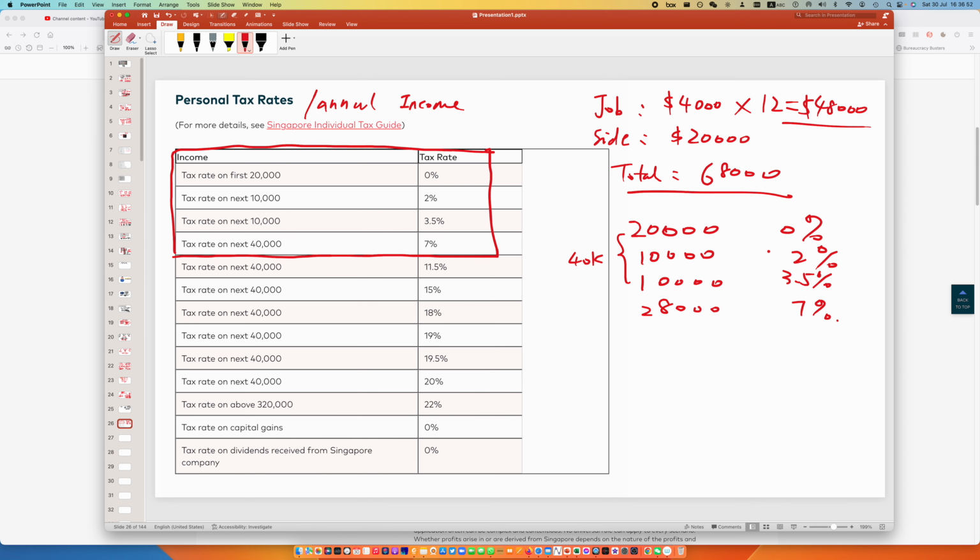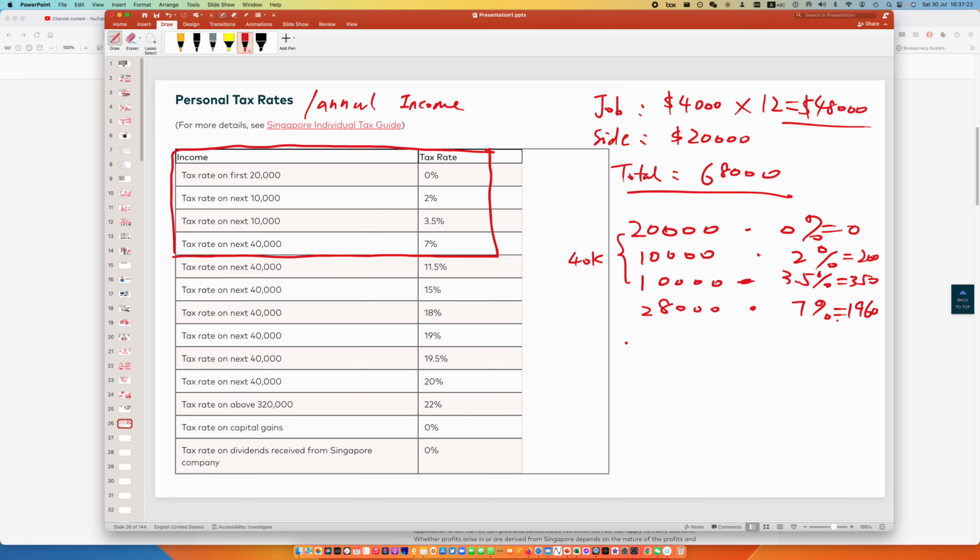So what you need to do is, this you times, you get 0. This you times, I think you get 200. This you times, you will get 350. And this you times, can you help me out? 28k times 0.07. 1,960.